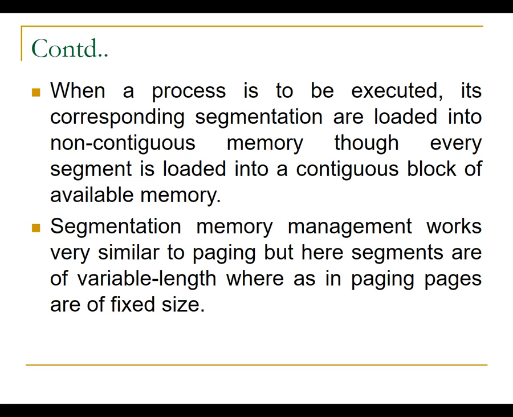So in segmentation there is a consideration of two different types of memory allocation, that is contiguous memory allocation and non-contiguous memory allocation. Initially, segmentation used non-contiguous memory allocation, but it is passed via the concept of contiguous memory allocation, which is available in the main memory, also called primary memory, or random access memory.